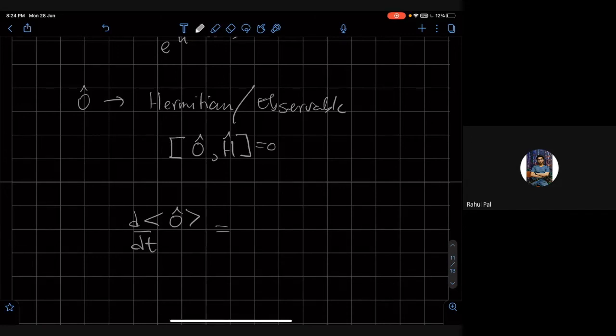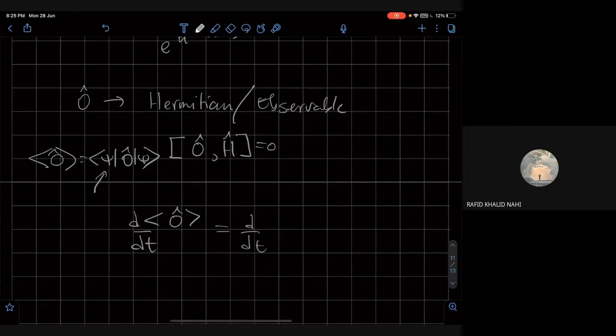Do you know? How can we calculate this? Suppose this is psi. How do we calculate this from this definition? Leibniz Rule.